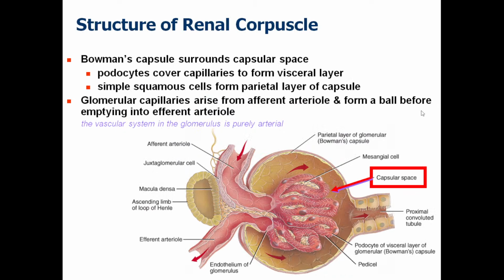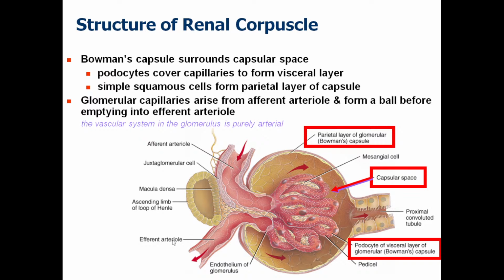Now, more details on the structure of the renal corpuscle. Here you have Bowman's capsule, which surrounds the capsular space, and you have podocytes that cover the capillaries to form the visceral layer. And also you have simple squamous cells from the parietal layer of the capsule.